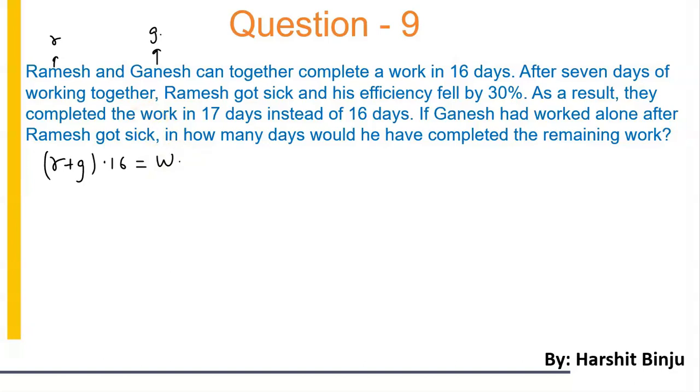So let's do one thing. Let's take the total work to be, because we have to have 17 also, right? So we can take it to be 16 into 17. We can take 16 square is 256, so that will be 257.